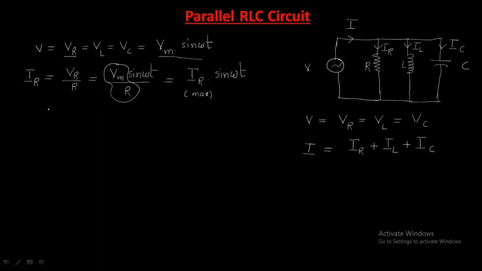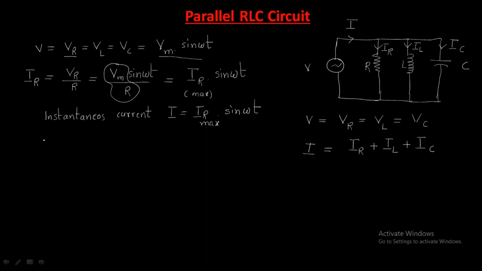From this we are finding the instantaneous current. So the instantaneous current IR equals IR max sin omega t. So the IR part is completed.